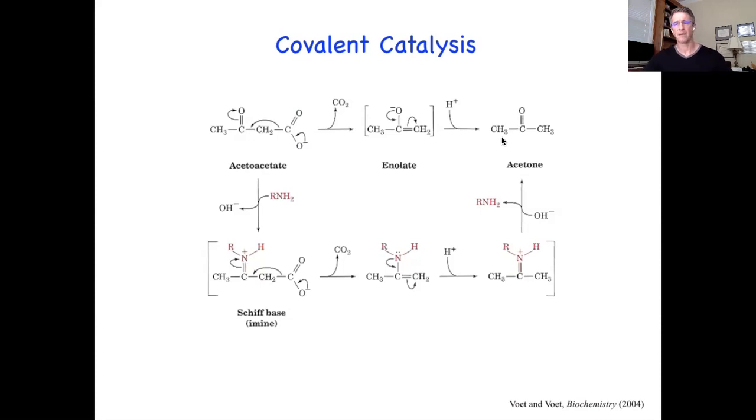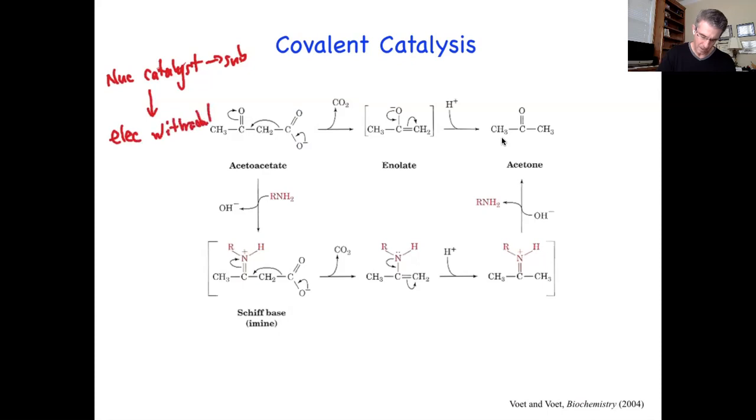The general scheme for covalent catalysis frequently follows this same basic schema where you have nucleophilic attack of the catalyst on the substrate, followed then by electron withdrawal by the now electrophilic catalyst, followed then by elimination of the catalyst.